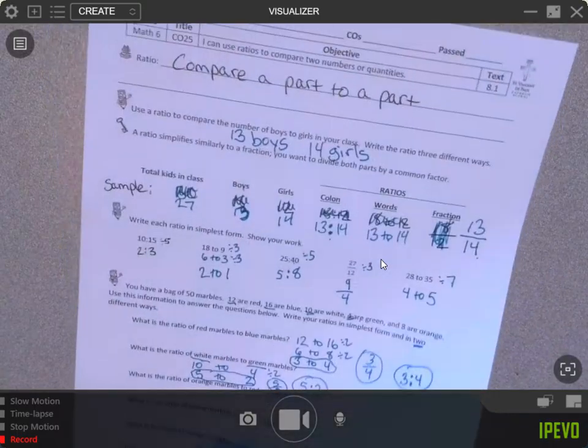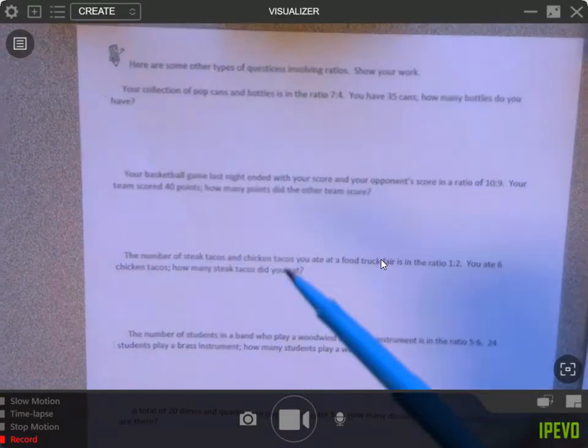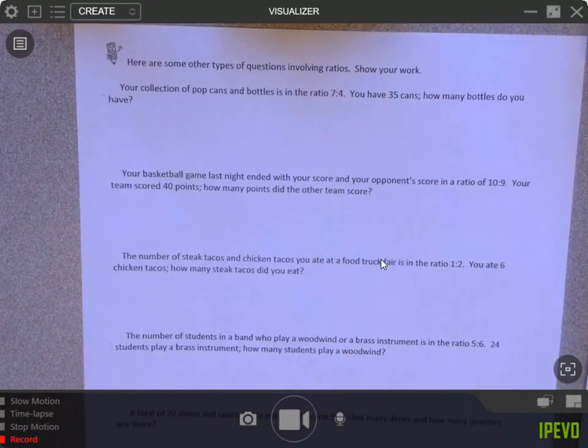On our second page, it's the same thing. It's word problems, but we're going to work out those word problems. Your collection of pop cans and bottles is the ratio of 7:4. So 7 is the number of what? The pop cans or the bottles?